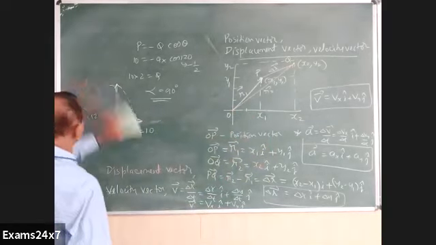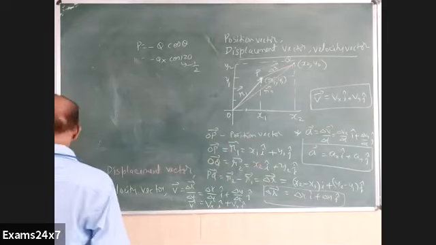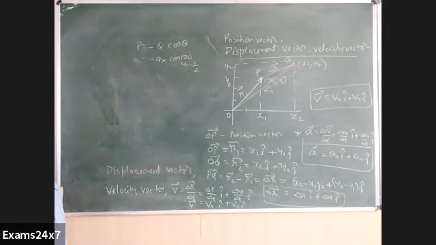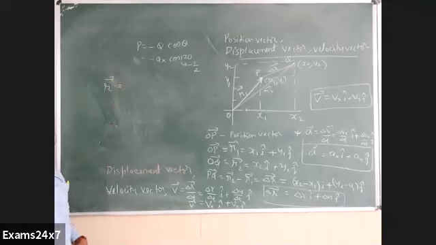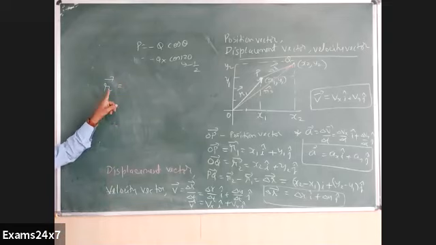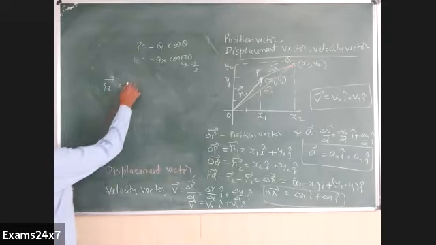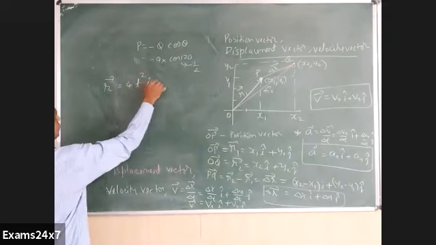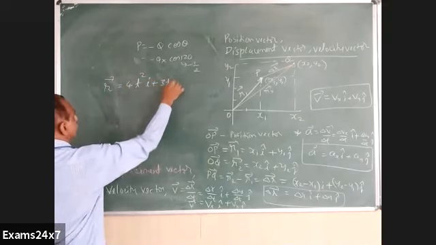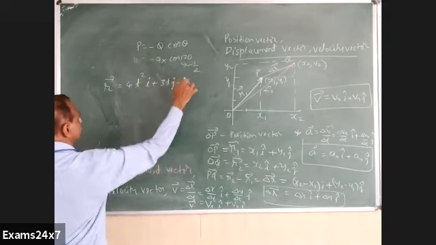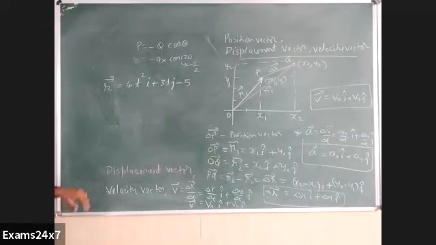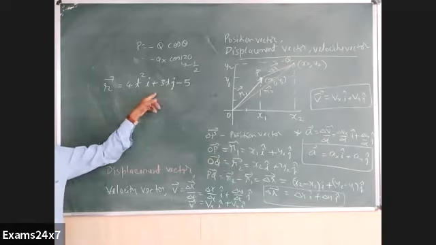Like, the position of a particle is given by R arrow mark equal to 4t square i plus 3t j minus 5.